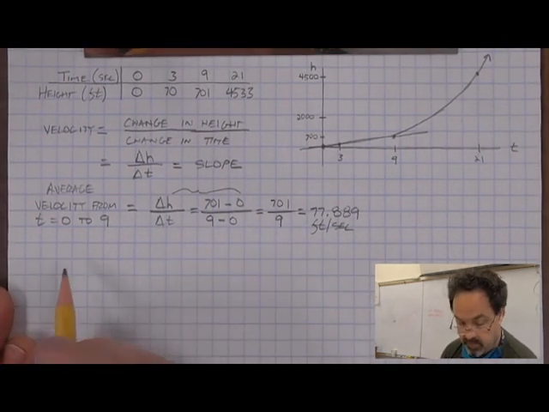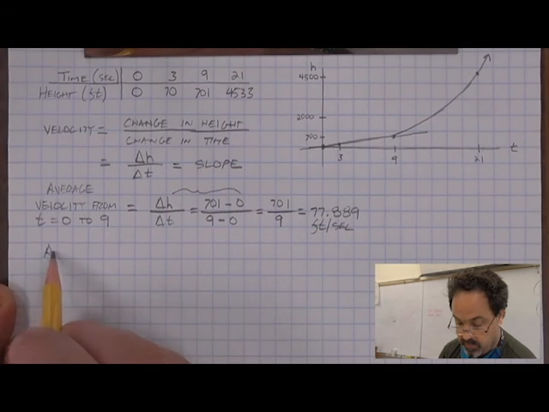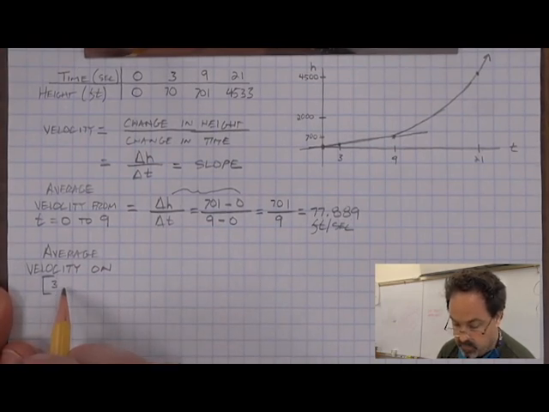Let's compare that to another average velocity calculation. We're going to calculate the average velocity, and I'm going to use interval notation this time. Average velocity on 3 to 21.